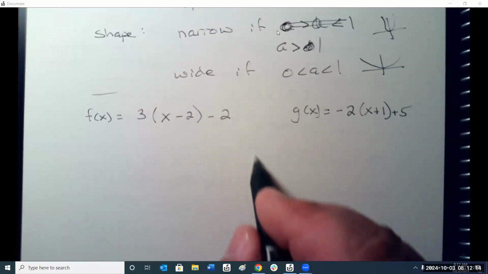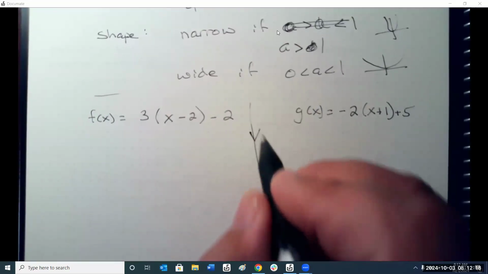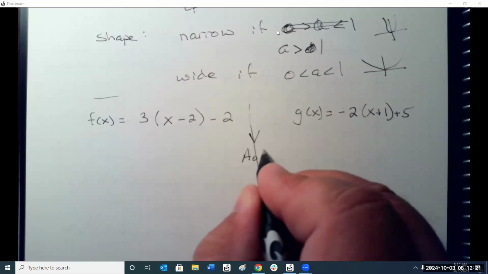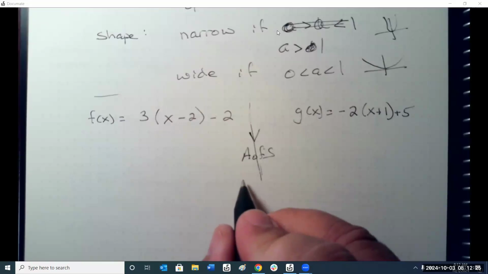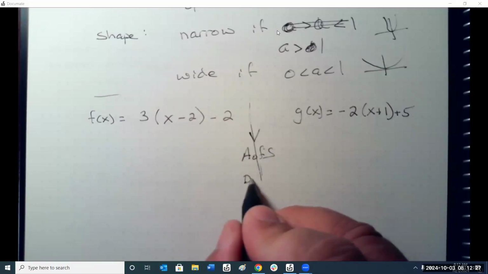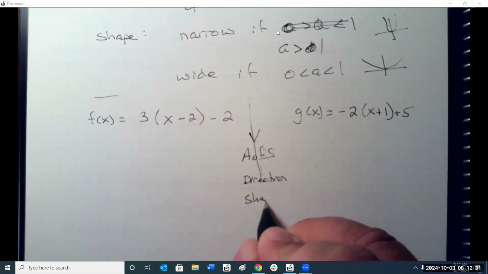For both of these, tell me the vertex, the axis of symmetry, the direction, and the shape.